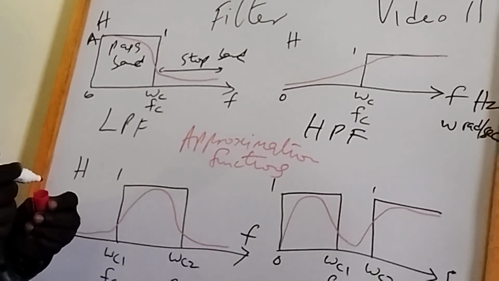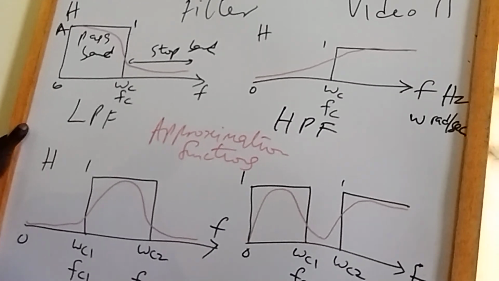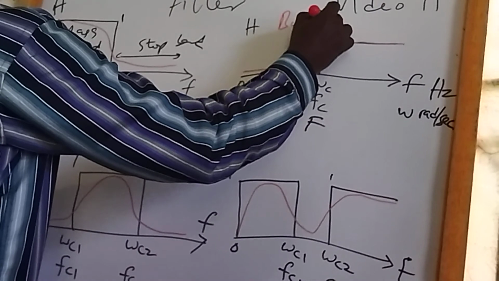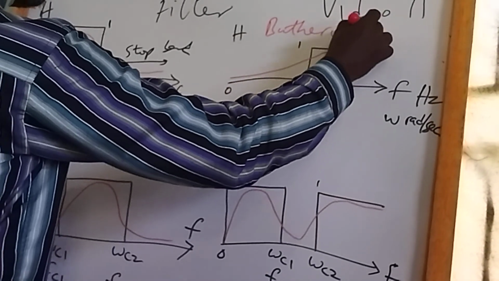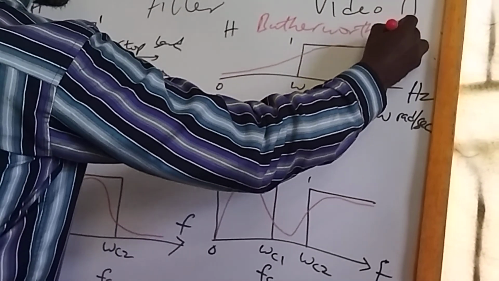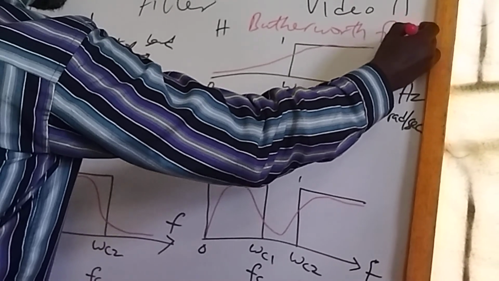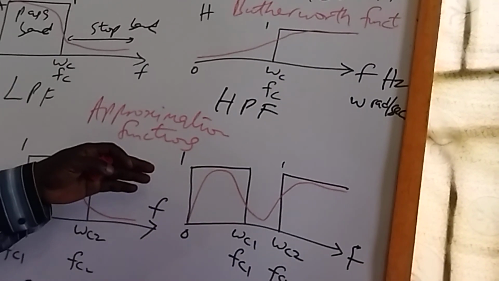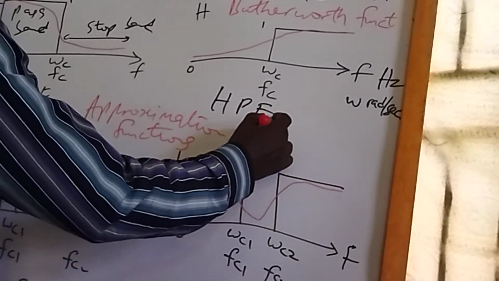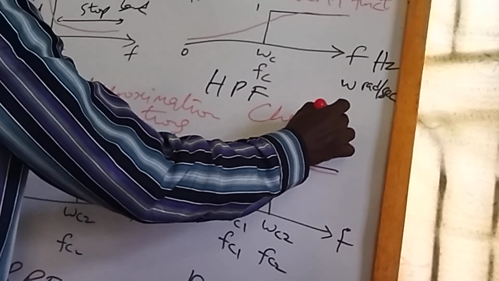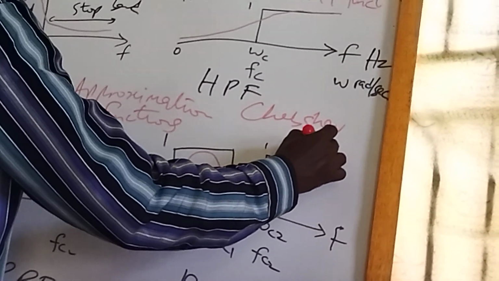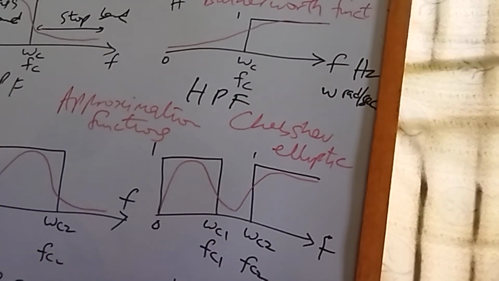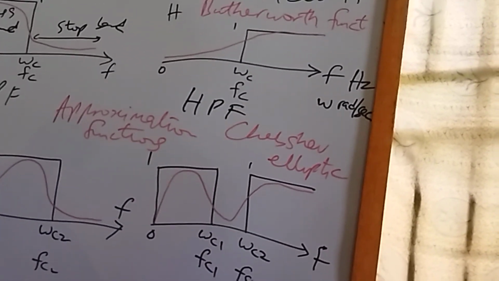Examples of approximation functions are Butterworth functions, Chebyshev, and elliptic. These are different people who have given us different approximation formulas.